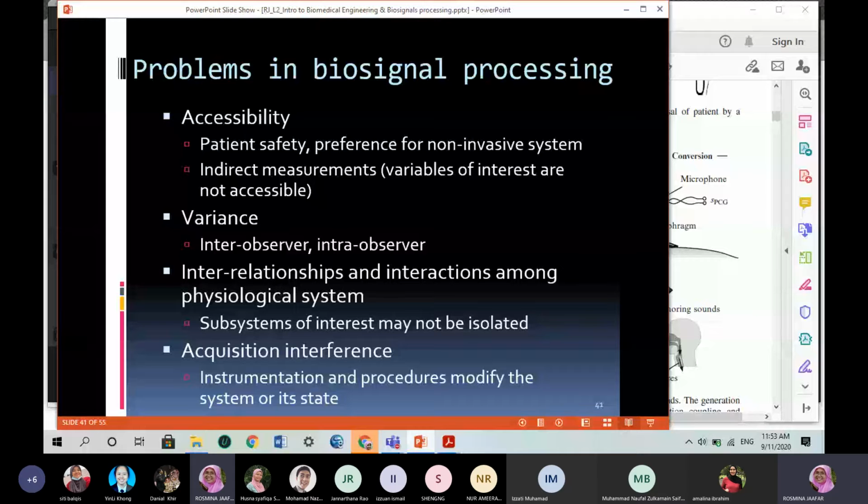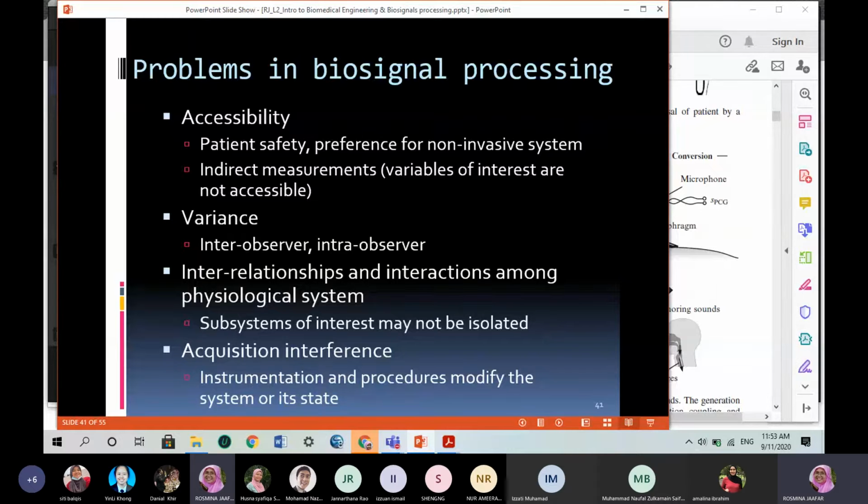Okay, inter-observer means person A records blood pressure. She obtained 120/80, for example. Another person B or medical doctor B takes the blood pressure.